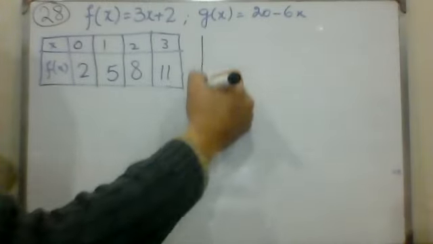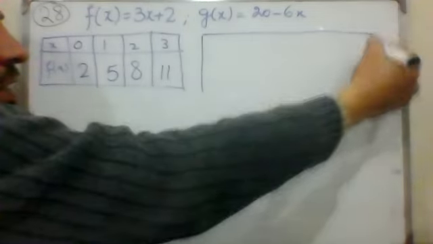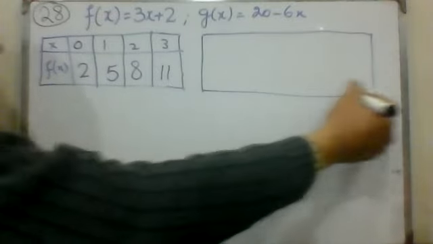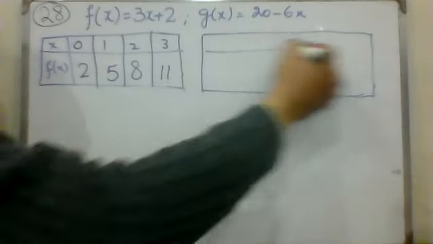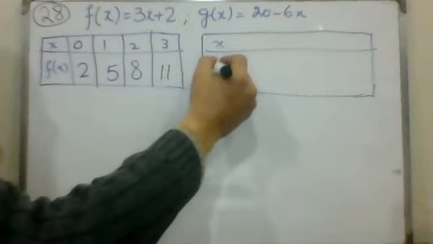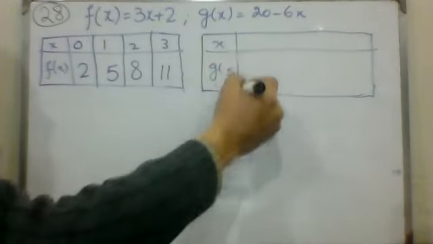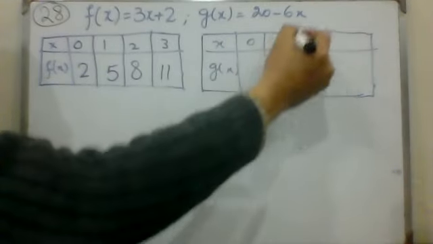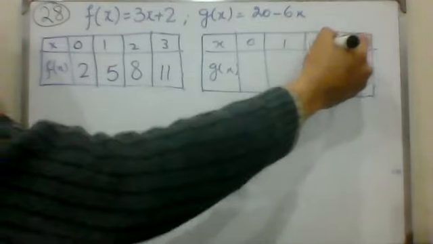When finding the other one, g of x, for different values of x greater than or equal to 0, x and g of x take the same values, that is 0, 1, 2, and 3.